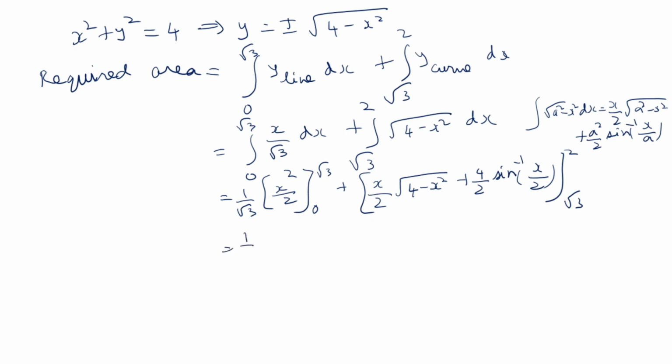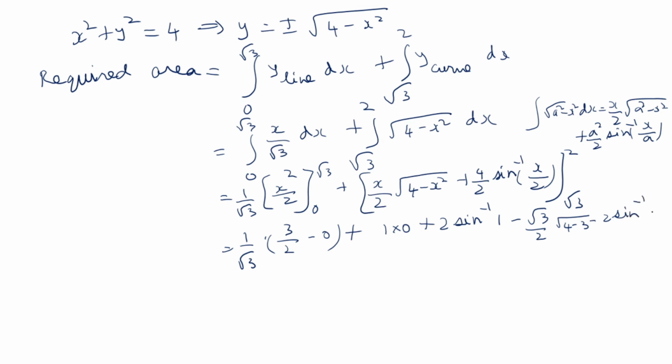So this is equal to 1 by root 3 into root 3 square is 3 by 2 minus 0, plus when we substitute 2 here we get 1 into 0 plus 2 into sine inverse of 1, minus root 3 by 2 into root of 4 minus 3, plus 2 sine inverse of root 3 by 2.